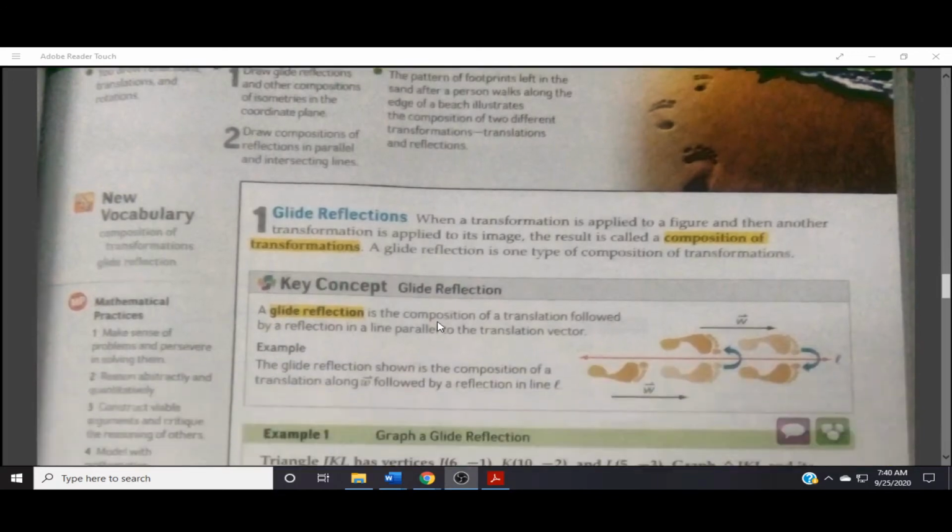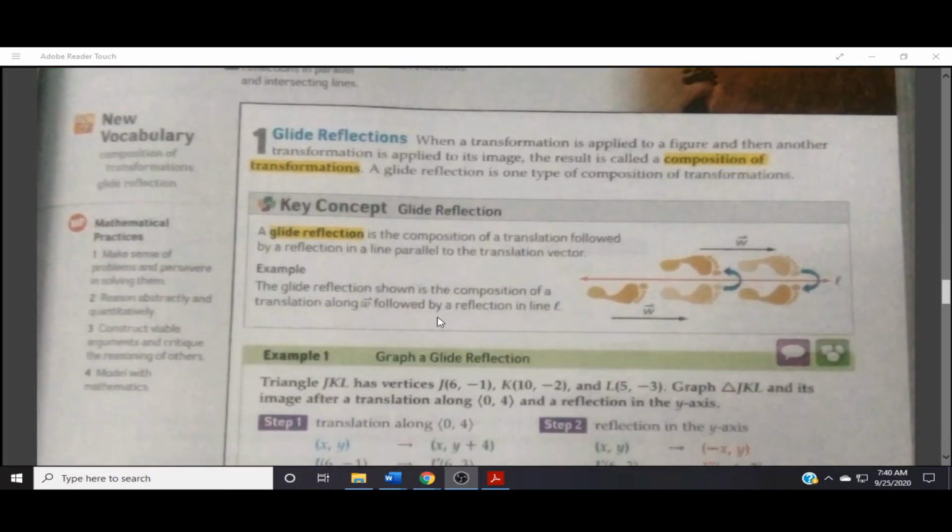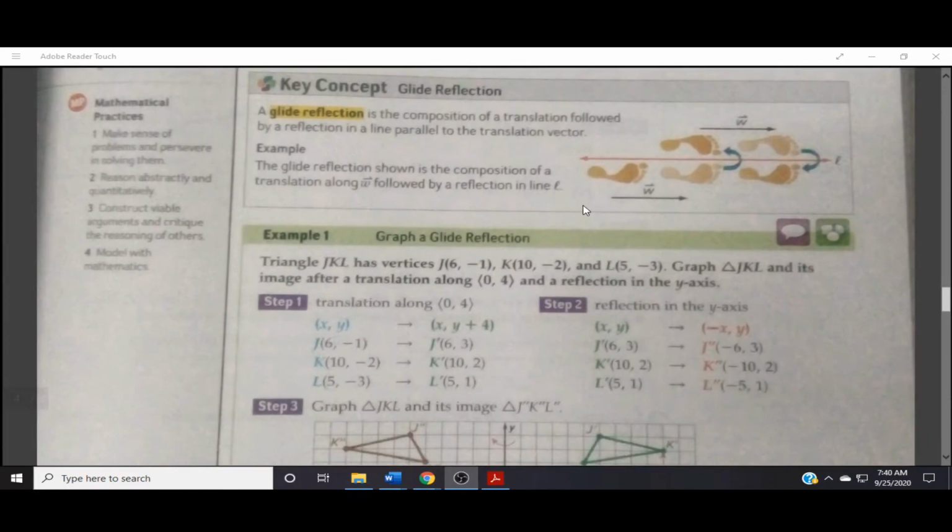Compositions of transformations. A glide reflection is a translation with a reflection in a line. So you translate it and then you flip it over. There are reflections along a line that's parallel to the translation.